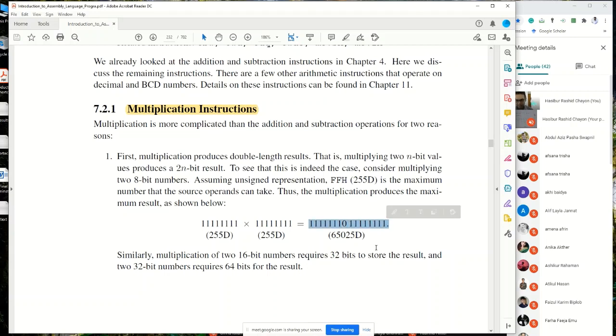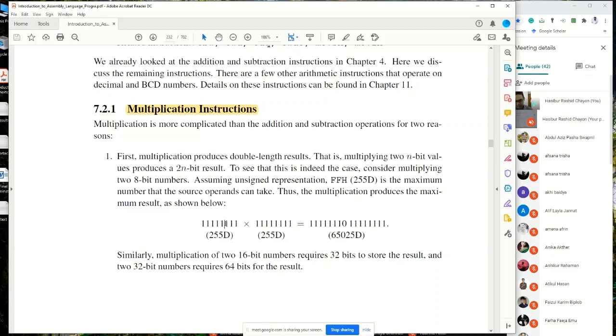That means double. You cannot store an 8-bit multiplied by 8-bit result into an 8-bit position, because we need more space, because it is multiplication. So the ground rule is, if you multiply n-bit variables or values, your result should be stored into a 2n-bit result.